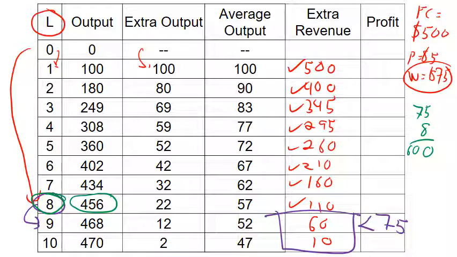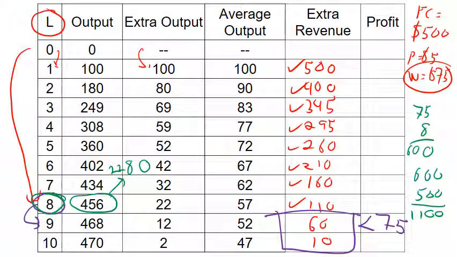We also had to pay $500 in fixed cost. So 1100 is our total cost. Our total revenue is 456 times 5, which is 2280.